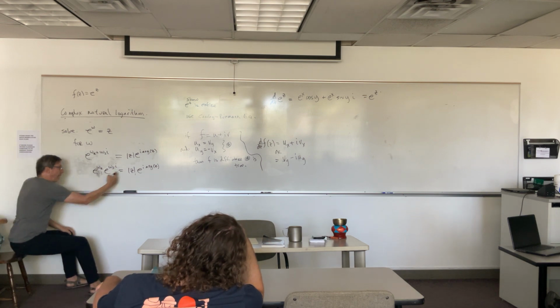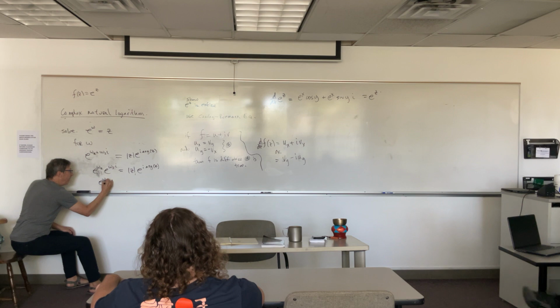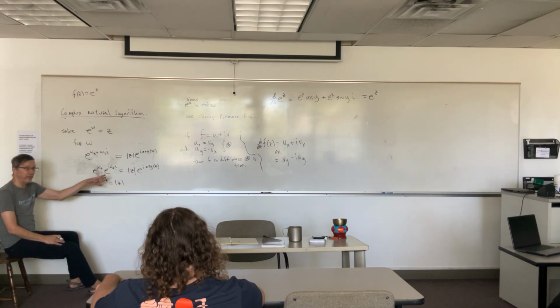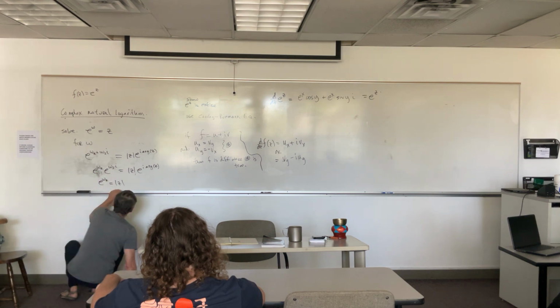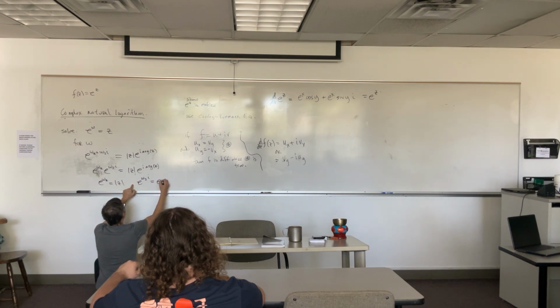So the moduli must be equal. If this is true, this says that e to the w_r equals mod z. So they have the same modulus, and they also have the same argument. So e to the i w_i equals e to the i arg z.